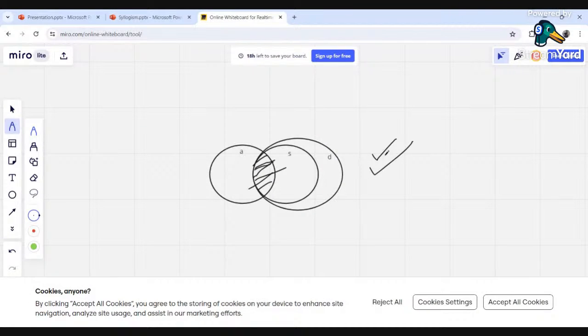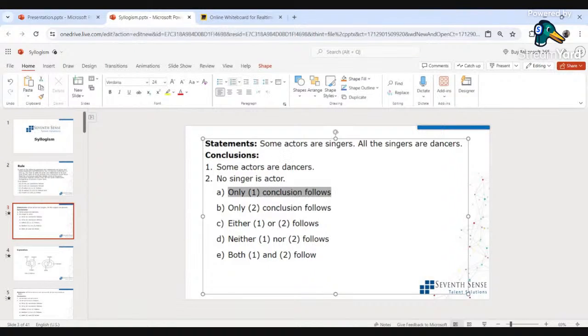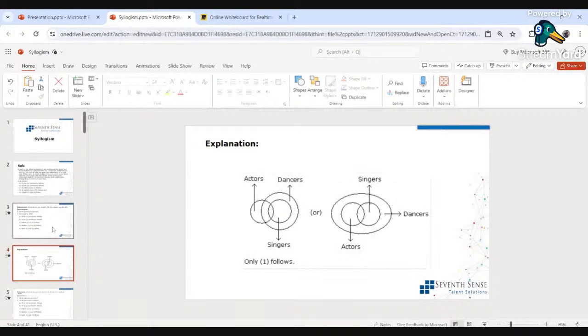Sorry, we have to take this as wrong, because they are telling that no singer is an actor, but we have some singers who are also actors. Apologies. So the correct answer is that some singers are also actors, and your answer is correct. Option A is the right answer, that is, only conclusion one follows. This would be your right answer. So that is what you can see over here.